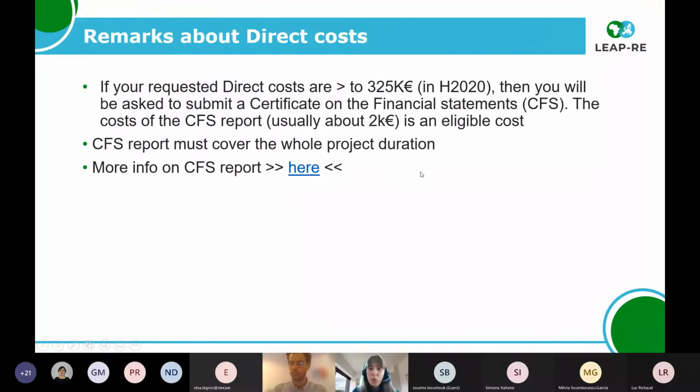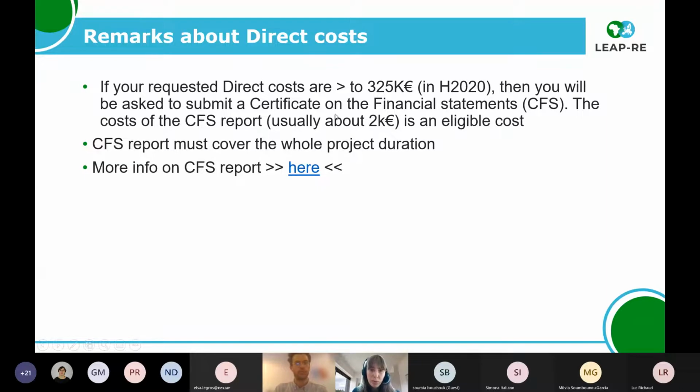Okay, if you have received more than 325 kilo euro from the Commission in funding, then you will be asked to provide a certificate on your cost. So you will have to request an audit from an independent audit company, and you will have to provide this statement before the end of the project.